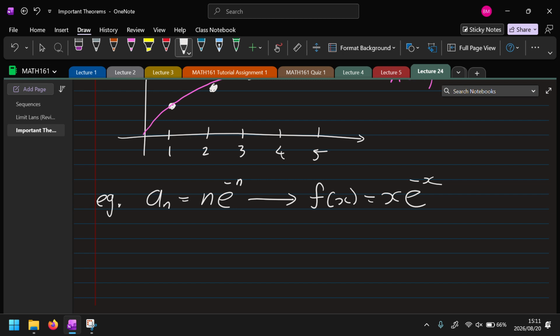And now that we have a function of x, we can use everything we learned last year about limits of functions. So the limit laws with functions, L'Hopital's rule, squeeze theorem, all of that we can now use with f, which we couldn't use with the sequence. Right? Like L'Hopital's rule. How do you do the derivative of a sequence? You can't do that. But if it's a function f, we can do the derivative. So we can use L'Hopital's rule.